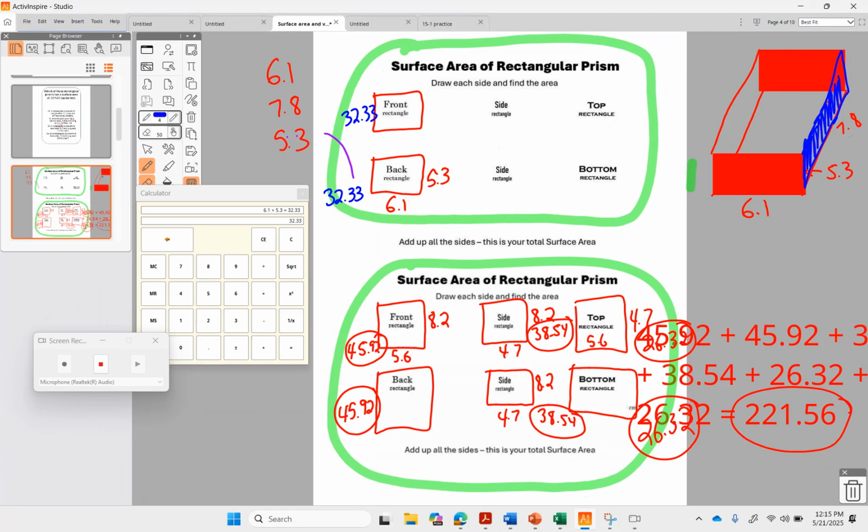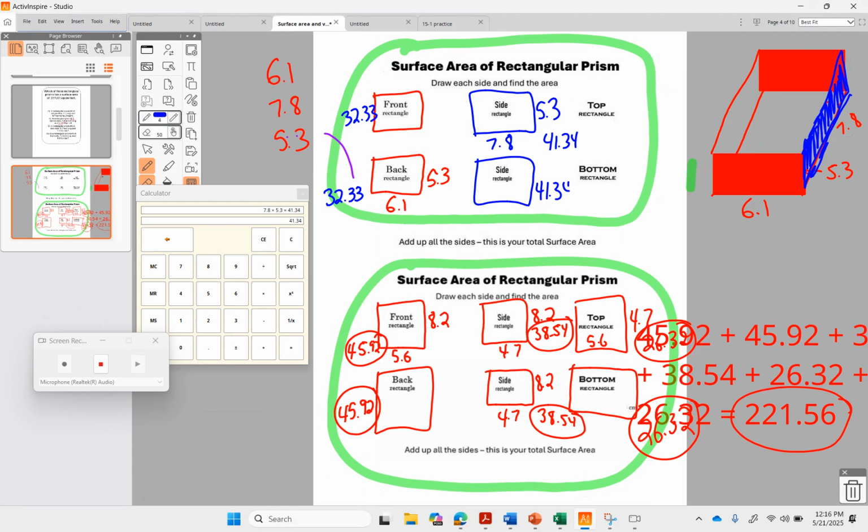So that's 7.8 inches long. And it's 5.3 inches tall. 41.34. And there's 2 of those.